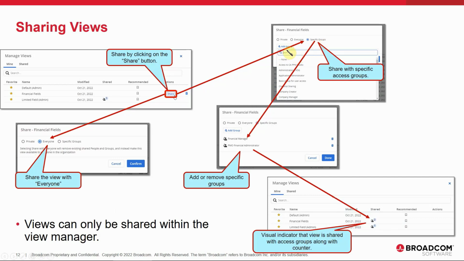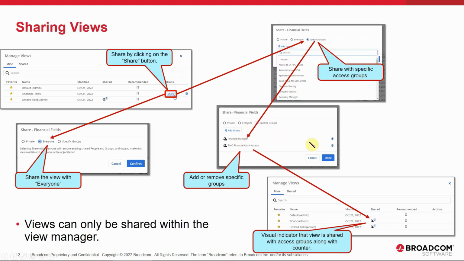Once they select the specific group, they will get the option for adding the different groups. So an add group button will be available, and then they can select one or multiple groups that they want to share this view with.